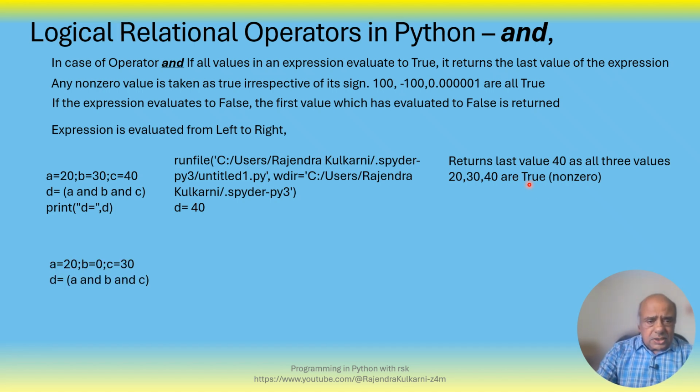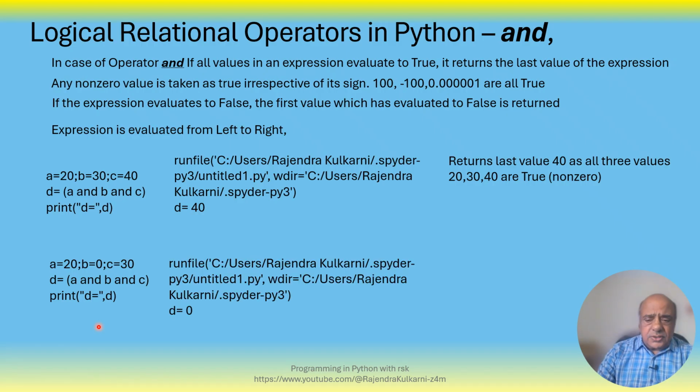Let us see another expression, a and b and c, where a is 20, b is 0, c is 30. So naturally when it encounters 0, as it is the value of b, the expression will return false and d will be assigned 0.